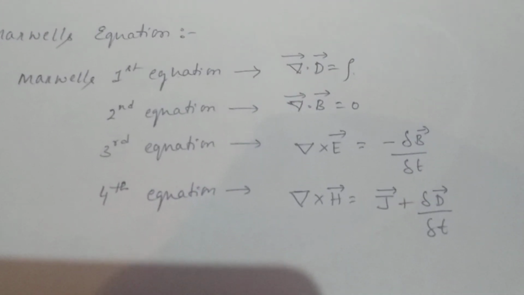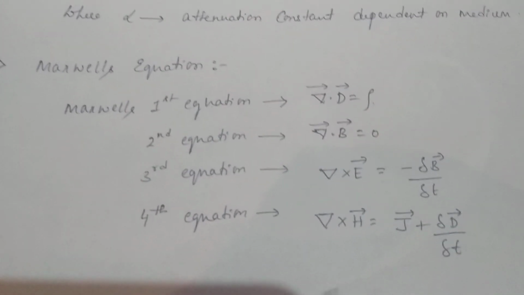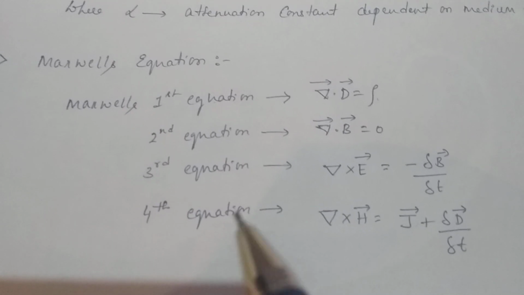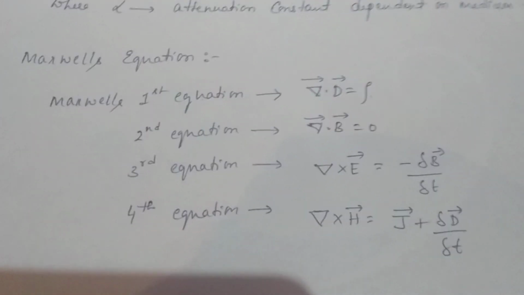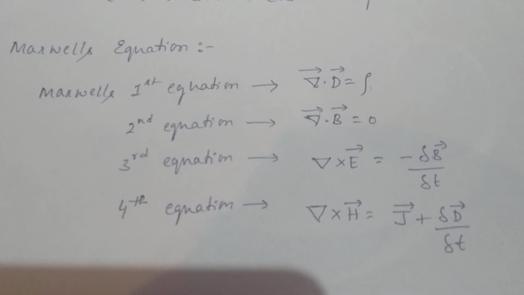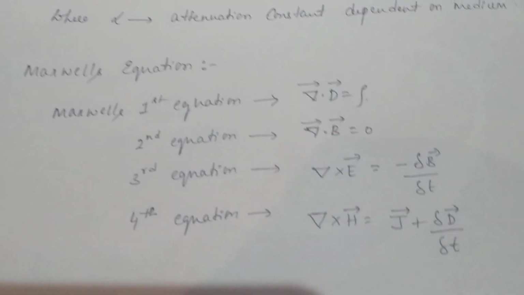The derivations are not covered here because it is not that Maxwell discovered them. They were actually discovered by Gauss, Faraday and Ampere. Based on these equations, we can derive the wave equation of E as well as H in free space. So this is the condition: in free space, Q is equal to 0, rho is equal to 0, I is equal to 0 and J is equal to 0.